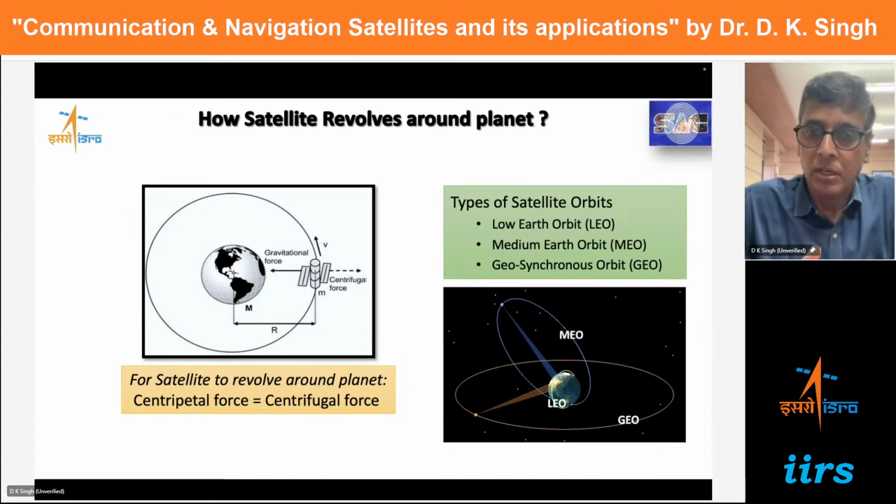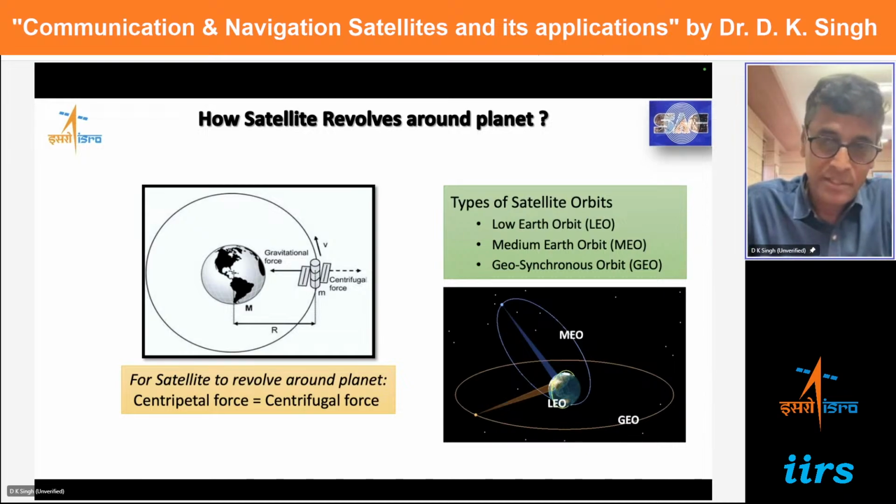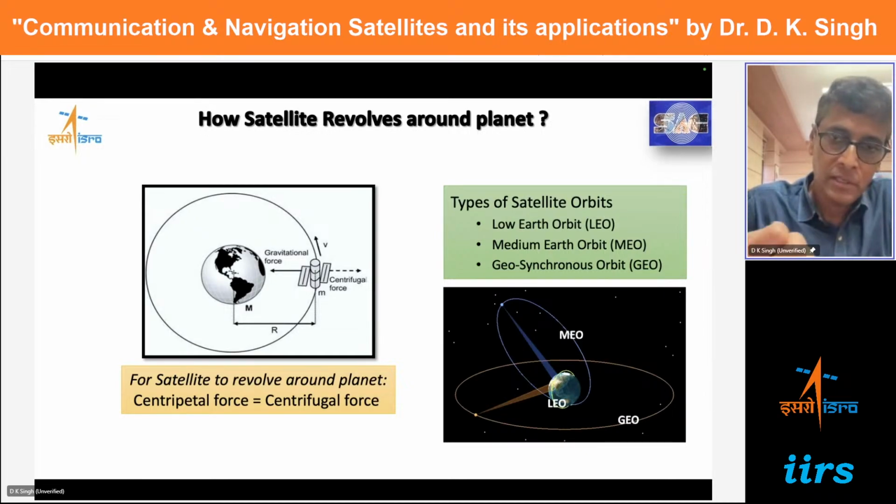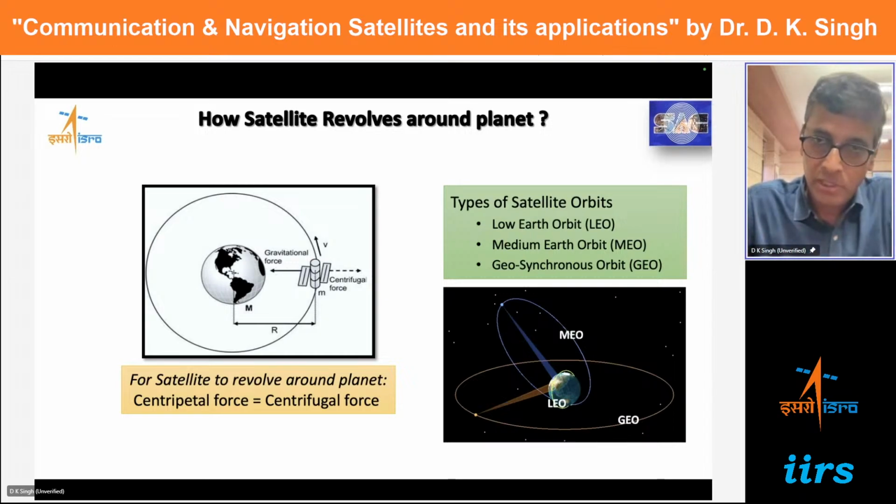So we always wonder what makes the satellites revolve around the planet. And there are different kinds of paths around the planet it can take. Like we have satellites which are very close to the earth. We have satellites maybe around 500 to 1500 kilometers away from the surface.